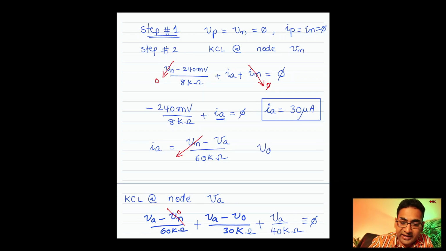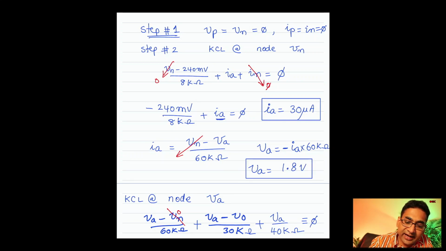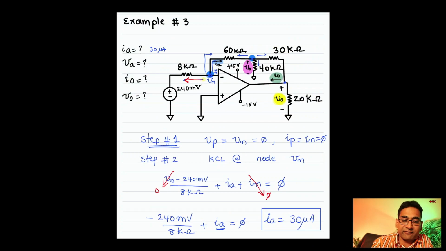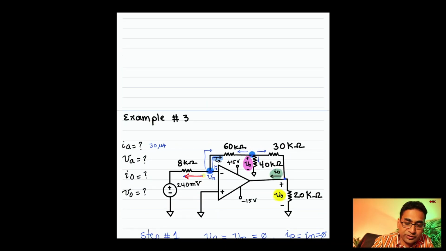So Va equals IA times 60 kilo ohms, with a negative sign. You do that, Va will come out to be negative 1.8 volts. So this is another result that we are after, 1.8 volts in magnitude.